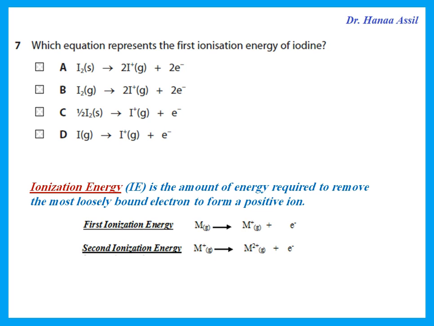First ionization energy is when it loses the first electron, so it forms 1 positive. The second ionization energy is when it loses a second electron, so it forms 2 positive. So he's asking about what? He's asking about the first ionization energy of iodine. That is when the gaseous atom loses 1 electron.